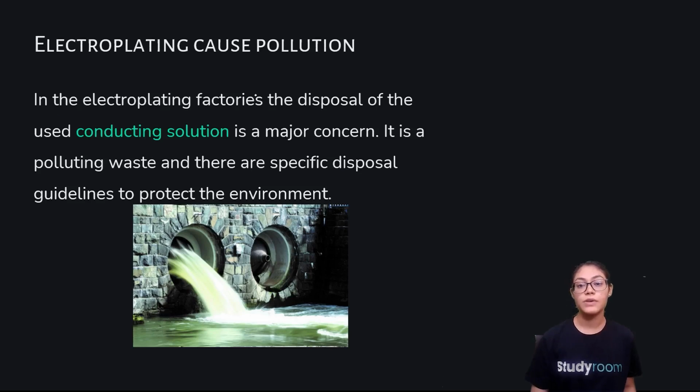In electroplating factories, the disposal of the used conducting solution, as we saw in the activity, where we used a conducting solution of copper sulfate, is a major concern. It is a polluting waste, and there are specific disposal guidelines which we have to follow to protect the environment, because it can harm the environment. Right?